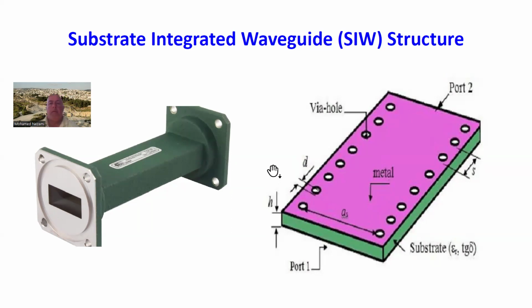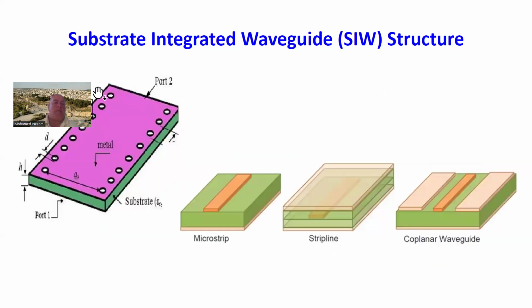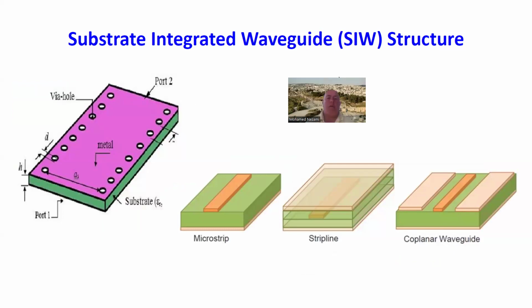All right, so basically, how do we depart compared to traditional transmission lines? As you remember, the most common one is the microstrip line, just because we have access to it on top, and then we have stripline, which is basically embedded inside the substrate, with two metal ground planes on top and on the bottom.